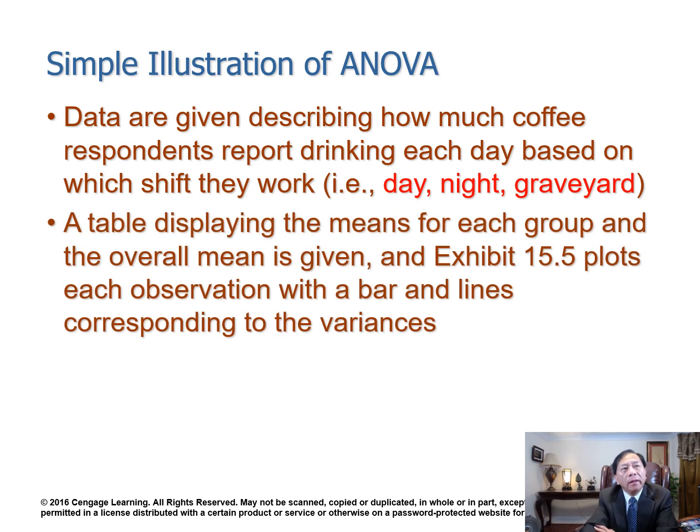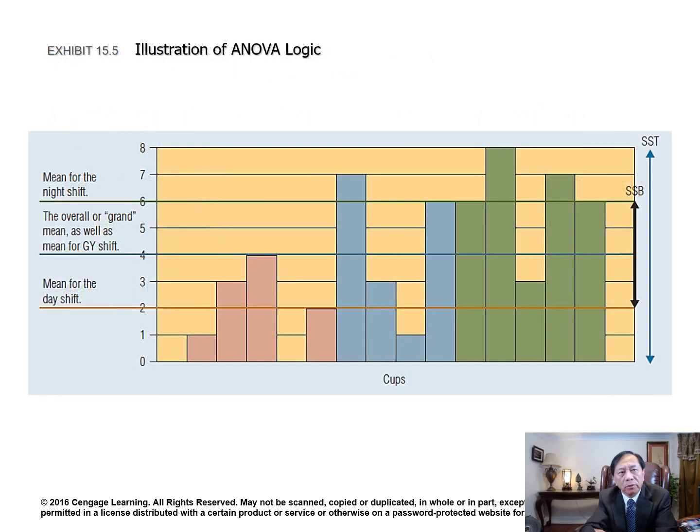The table displays the means for each group and our grand mean is given here, and the plot shows each observation with the bars and lines corresponding to the variance. This is the mean for the day shift, the number of cups of coffee they have.